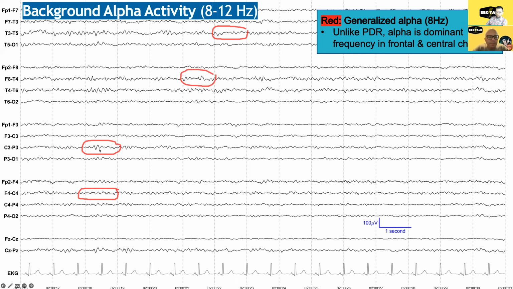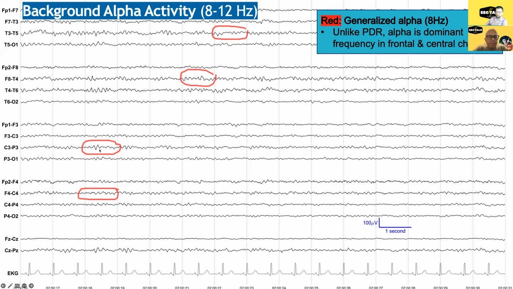So what's the difference between the posterior dominant rhythm or alpha rhythm and this diffuse alpha activity? I think the name helps a little bit. That's how I remember it. It starts with a P for posterior, so it has to be in the back of the brain. And this one here is pretty much everywhere. And then the other difference is that the posterior dominant rhythm changes if you open and close your eyes. Yep. It usually appears if you close your eyes and goes away if you open them.